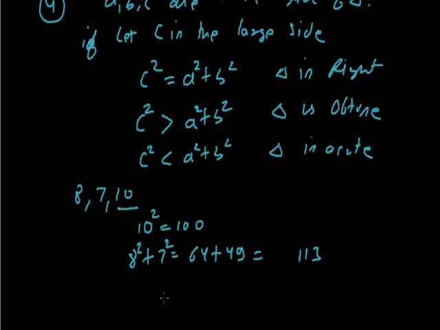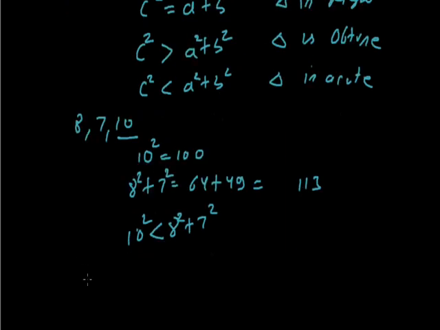We can clearly see that 8 square plus 7 square is greater than 10 square, so an acute triangle is formed.